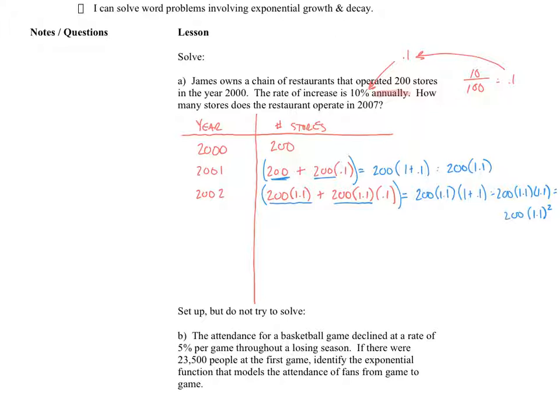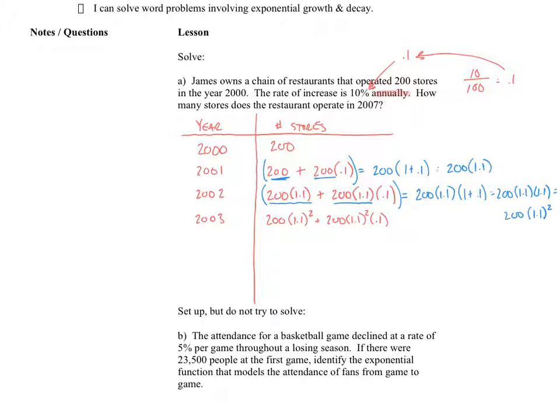And then we're going to take that to the year 2003. In the year 2003, he still has this many stores. That's how many he's accumulated up to this point. But he's going to get 10% more added on to that. So he's going to have 200 times 1.1 squared times 0.1. That's going to get added on.